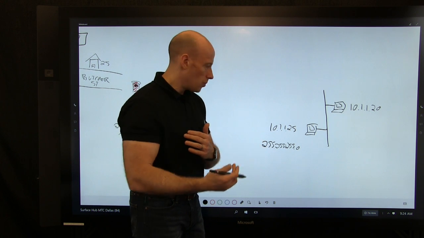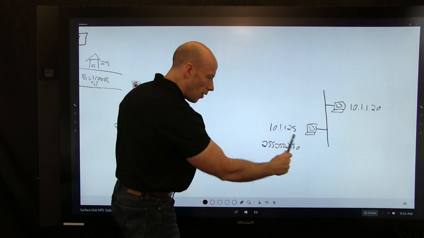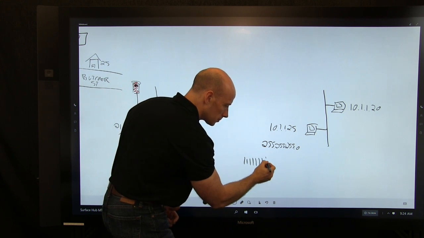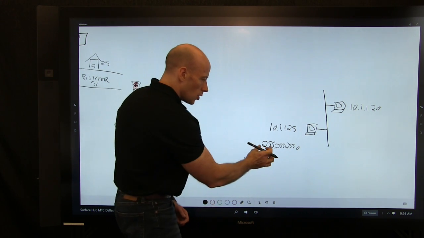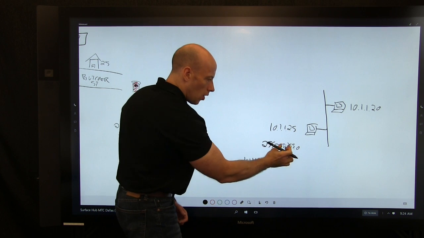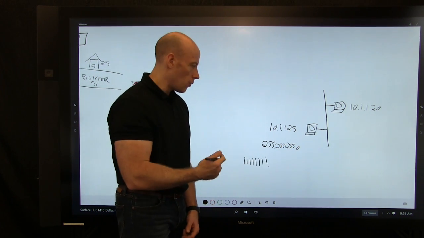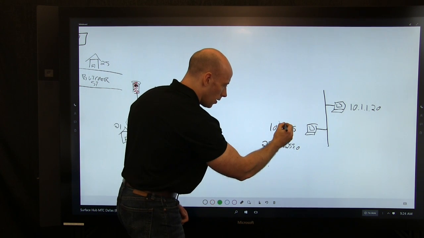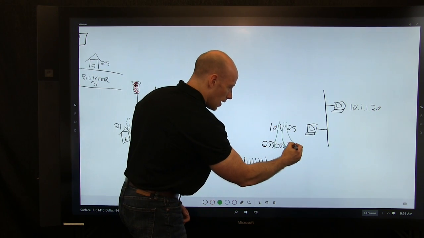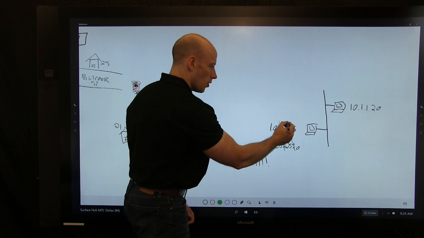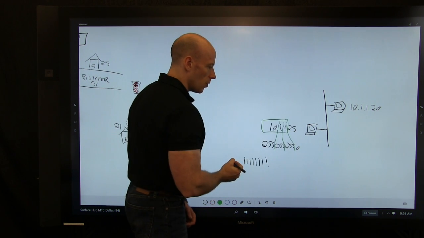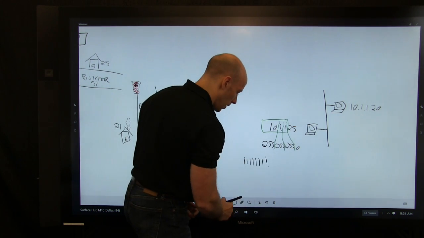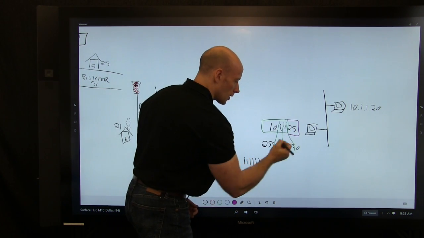You imagine if you converted all this to binary, 255 means all ones for that part. So all of that part, all of that part, and all of that part is the network ID. So this is the network ID, 255.255.255.0. This part is the host ID.